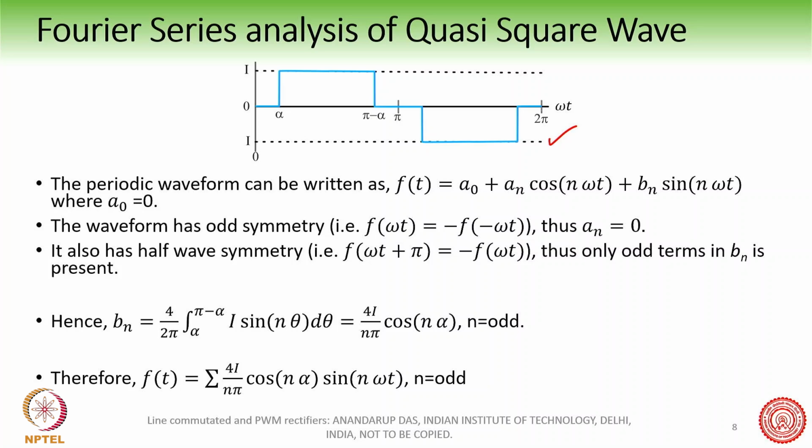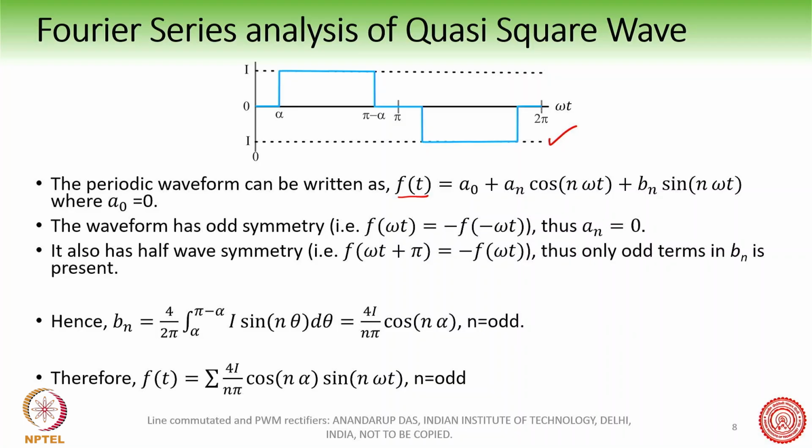This is a periodic waveform, and if you do a Fourier series analysis of this current, we can write the function as a0 plus an cos n omega t plus bn sin n omega t. This is a very standard form of Fourier series analysis, and you can just recall how this comes.